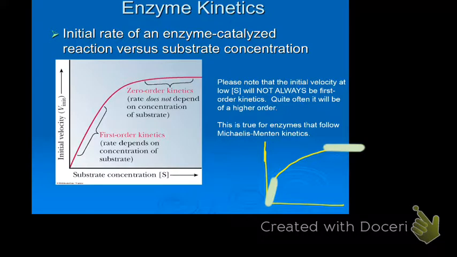That becomes really important in the Michaelis-Menten model, which is a simplification of the math. Just because something's been simplified doesn't necessarily mean it's easy. It's just easier than it would be otherwise.